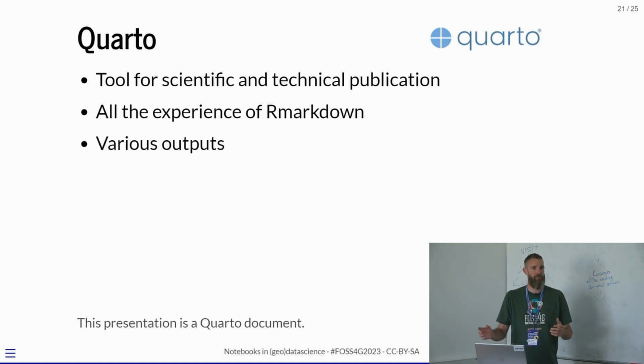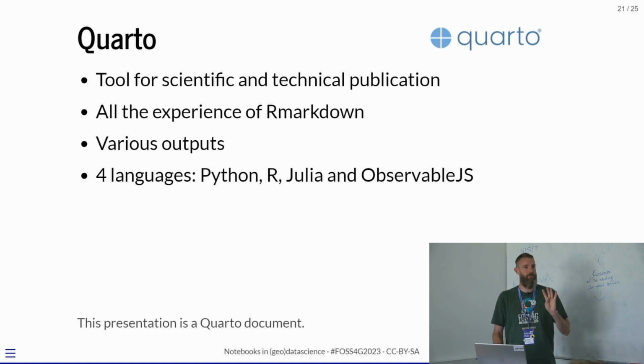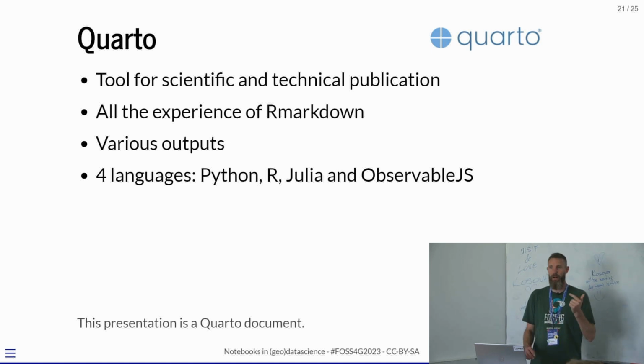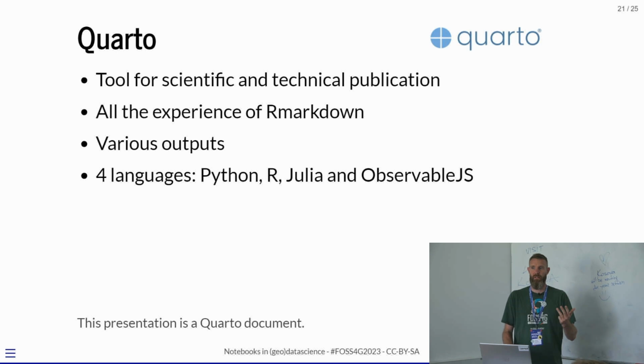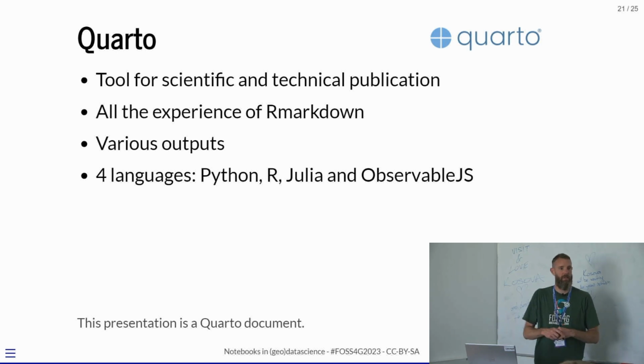And you can have various outputs, like this presentation is a Quarto document actually, but you can also have reports in Word or PDF, or you can also have websites, wikis. It works with Pandoc, so you can access all Pandoc outputs. But it's limited to 4 languages: Python, R, Julia, and Observable JS. That's why I was able to create a map within this Quarto document.